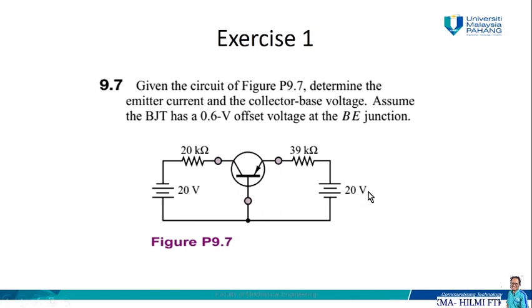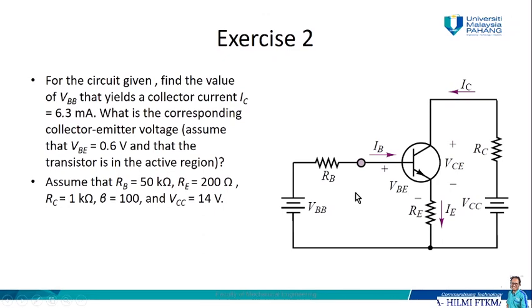Then the second exercise, okay, a different circuit, similar to the one that we have answered in the example. For the circuit given, find the value of VBB. Okay, define this input voltage that yields a collector current IC 6.3 milliamp. And what is the corresponding collector emitter voltage VCE? Assume that VBE is 0.6 volt and that the transistor is in the active region.